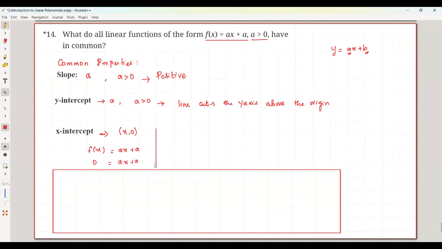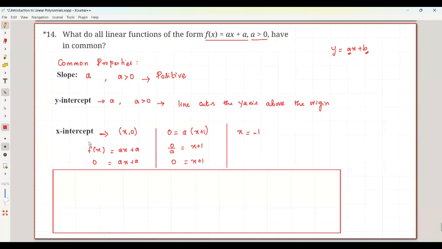We're just simplifying it. So 0 is equal to, here in both we have a common. Just take a as common: a times x plus 1. If you take this a to this side, 0 by a is equal to x plus 1. 0 by a is 0, so 0 is equal to x plus 1. Now x is equal to minus 1.